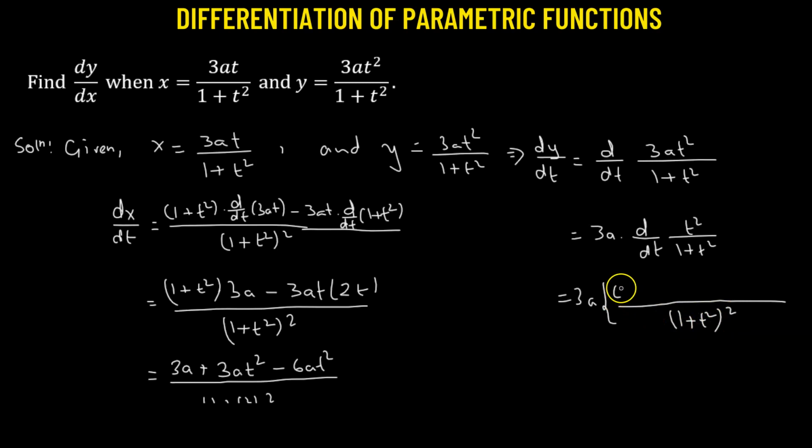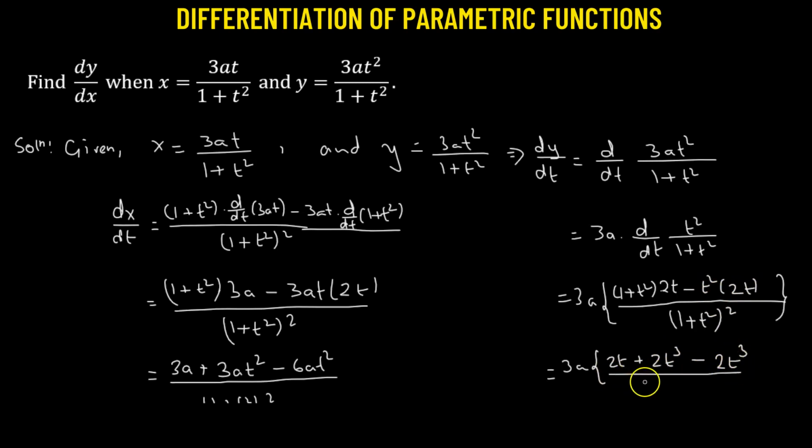We'll start at the numerator. In the numerator, the first term will be 1 plus t squared, multiplied by the derivative of the numerator t squared, which will be 2t, minus t squared multiplied by the derivative of the denominator, 1 plus t squared, which will be 2t. Further simplification is going to give us 3a times: in the numerator, 2t plus 2t cubed, minus 2t cubed, whole divided by 1 plus t squared whole squared.